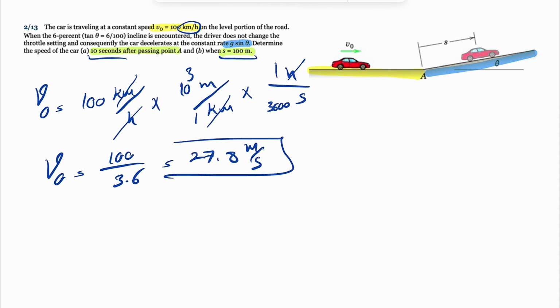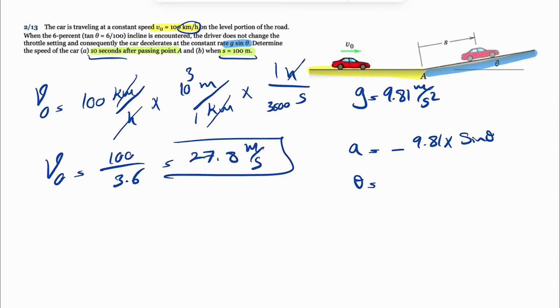Also, we know that the deceleration of the car is g sine theta, and we're going to consider a negative value here because it's deceleration. For g, because all of our units are SI units, we use 9.81. So 9.81 times sine theta, and from the question we should be able to find theta.